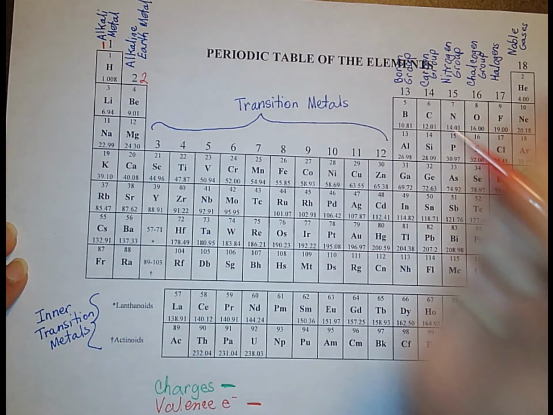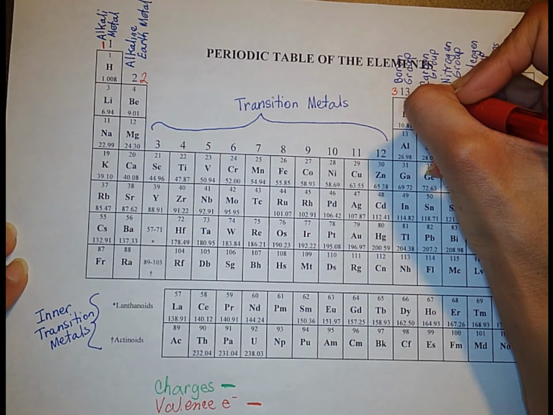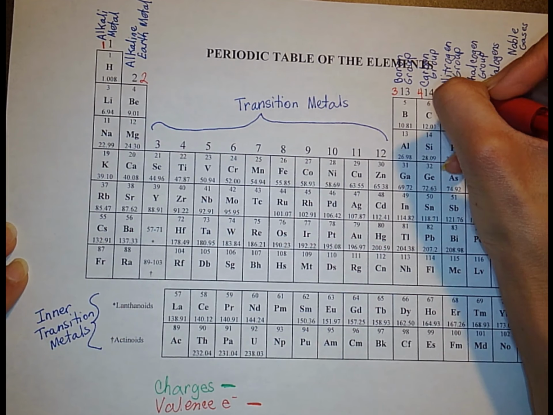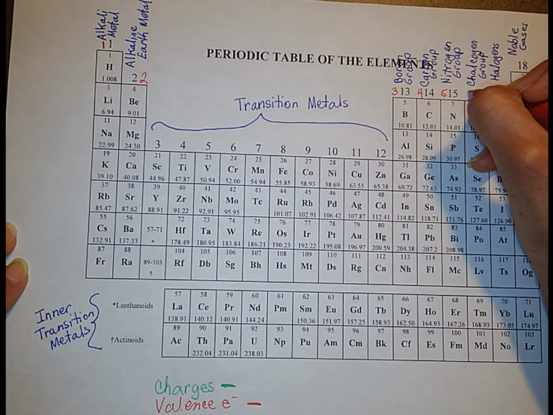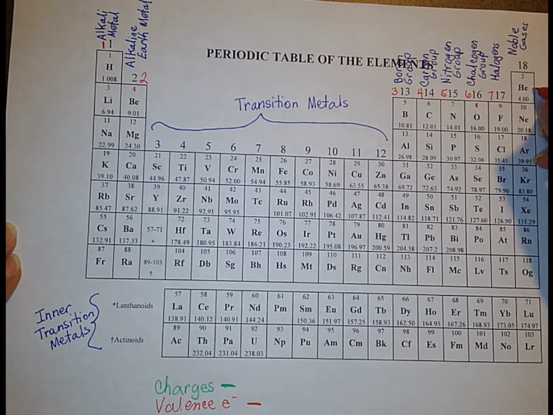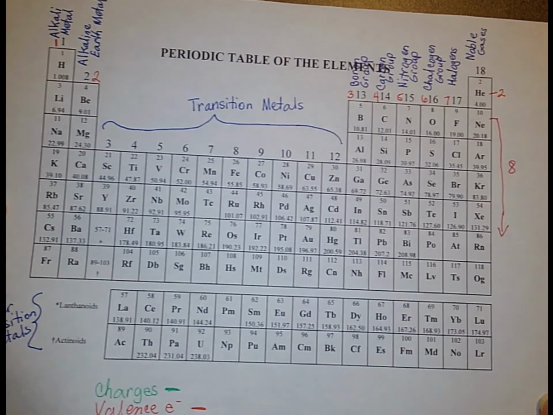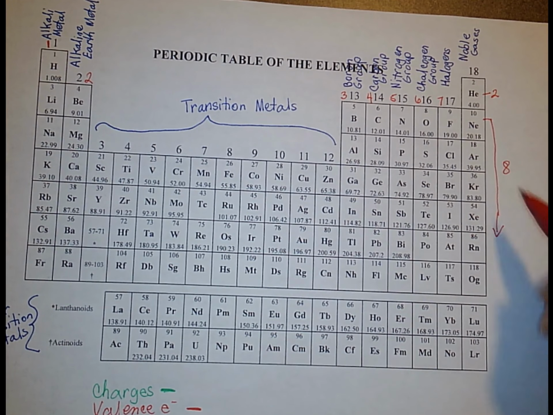Group 2 has 2 valence electrons. Group 13 has 3. 14 has 4. 15 has 5 valence electrons. Group 16 has 6 valence electrons. Group 17 has 7 valence electrons. Now when you get to the noble gases, helium has 2 valence electrons, and then after helium, as you're going down, you now have 8 valence electrons.